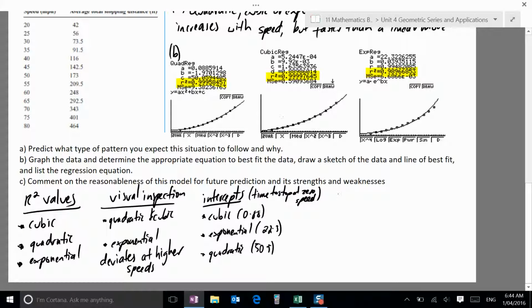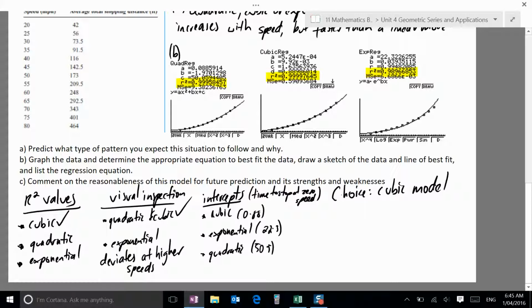All right, so my choice would be the cubic model in this case, for those reasons. That has a good R-squared value, visually seems to fit the data quite well, and the intercept seems to make sense as well.